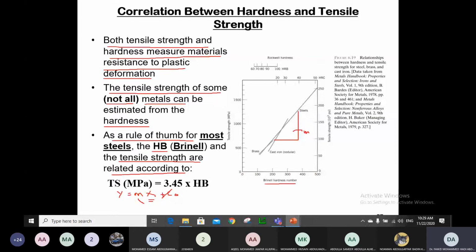If we have the Brinell hardness number, we can plug it in here. This gives an approximate value of the tensile strength, or the other way around as well. If we have the tensile strength, we can always get the hardness number using the Brinell, because the Brinell was used in order to show that linear equation.